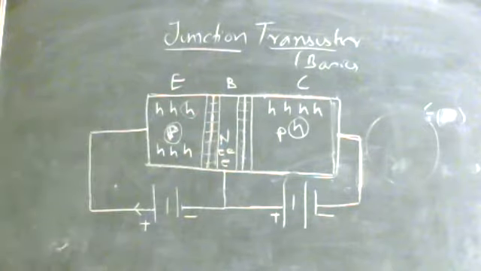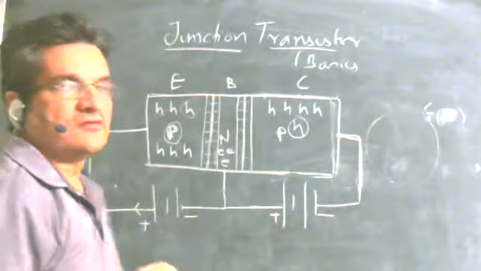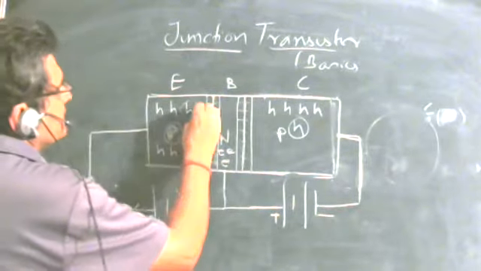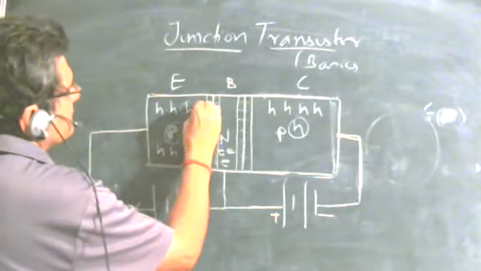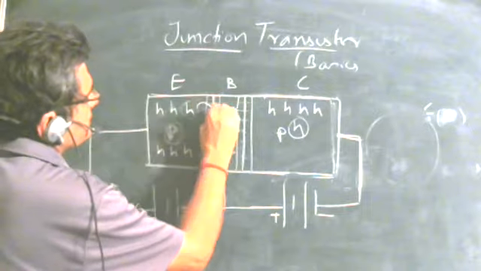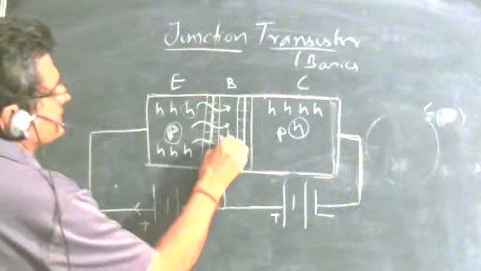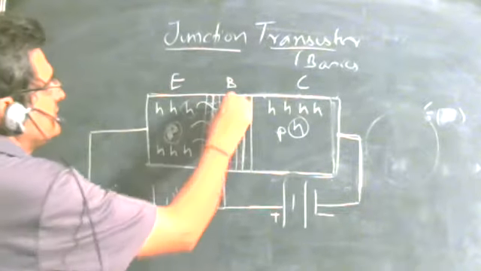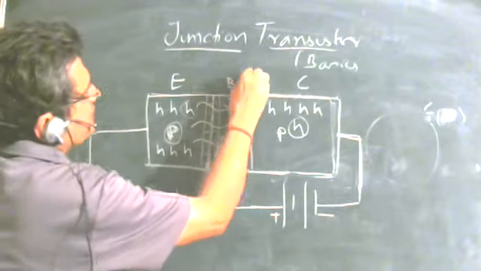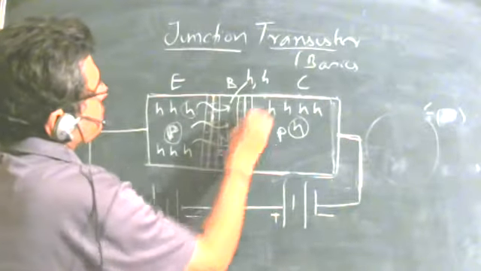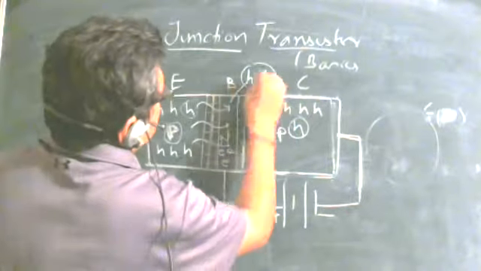This is forward biased. When this is forward bias, as I said, it is the holes, the majority carriers, which create the forward current. So majority carriers will cross over from the P side to the N side. And interestingly, these holes which are majority here are now minority carriers here. Holes are minority carriers in N type.